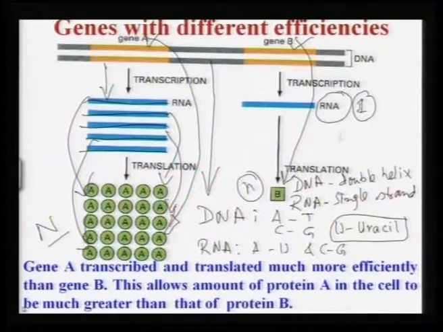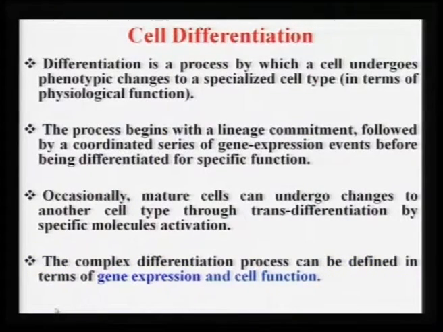From that, I can now start explaining what cell differentiation is. Differentiation means, as I said earlier, differential gene expression. Differential gene expression means how two different genes are expressed differently, through the transcription and translation process, because of two different efficiencies.